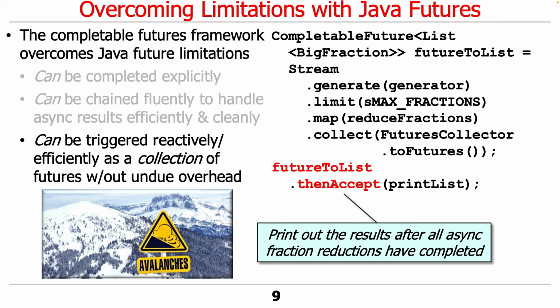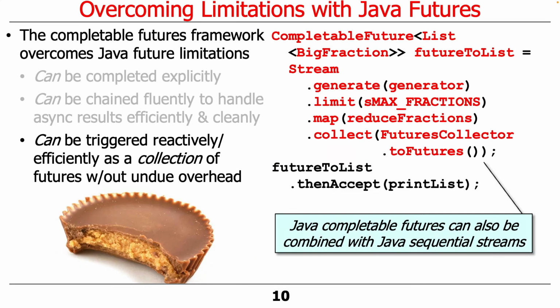And I could have written this a little bit better. I probably should eat my own dog food and not write this with a local variable, but to stream the whole thing together. But the bottom line is that we can have a single completable future that's triggered when all the other completable futures are done. This example also demonstrates something very important, which is cool, is how you can combine Java completable futures together with Java sequential streams.